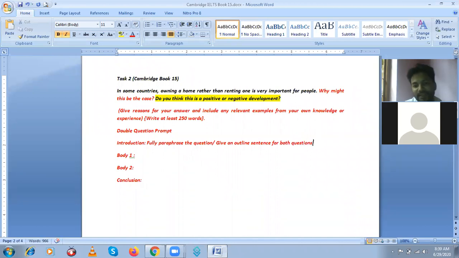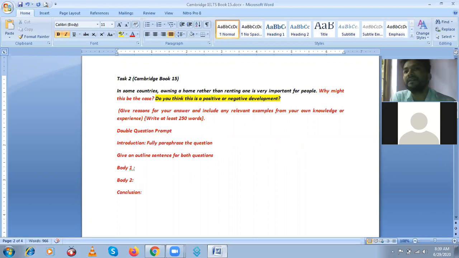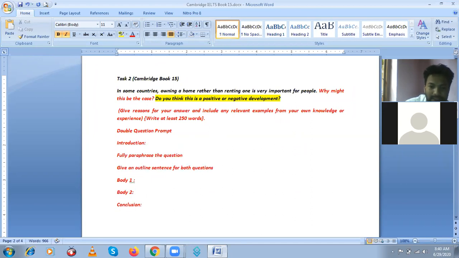So we have written 2 sentences in the introduction. First, we paraphrase the question, and the second is an outline sentence for both questions. Our introduction is done. We'll be doing it after some time.